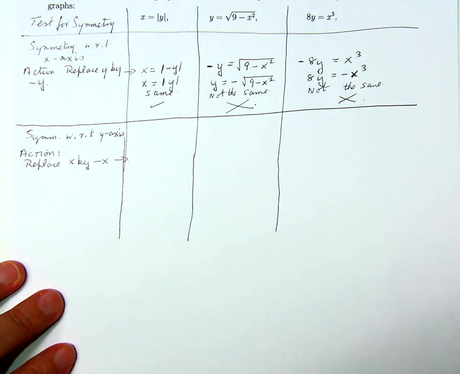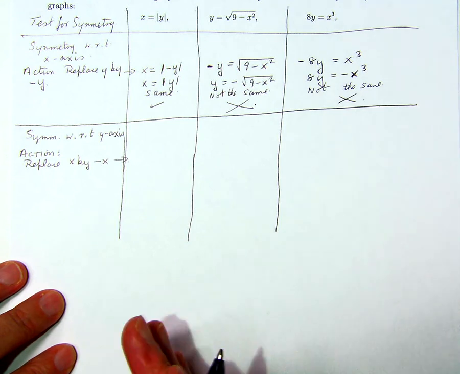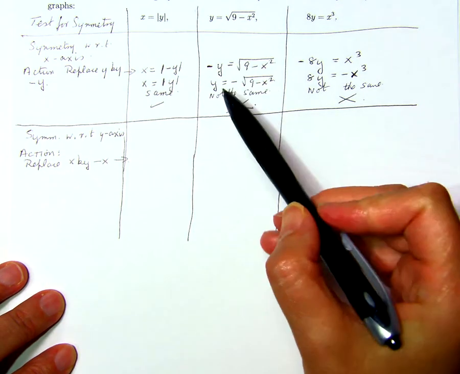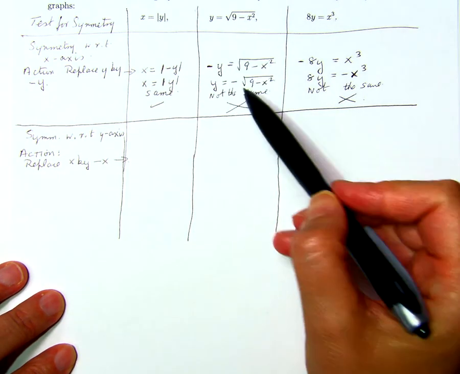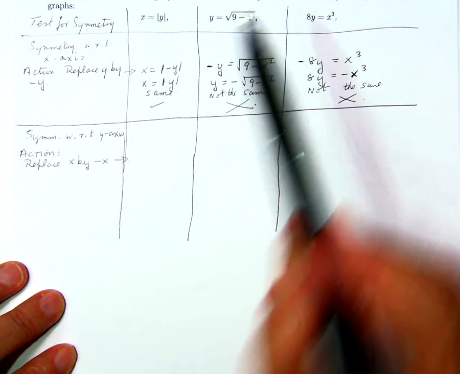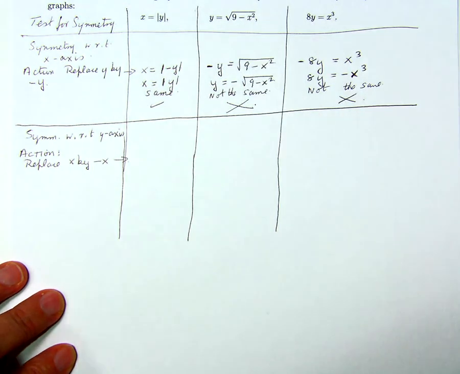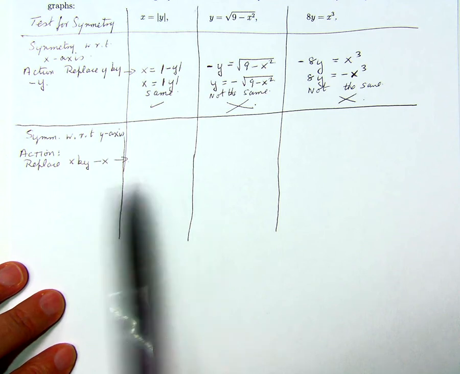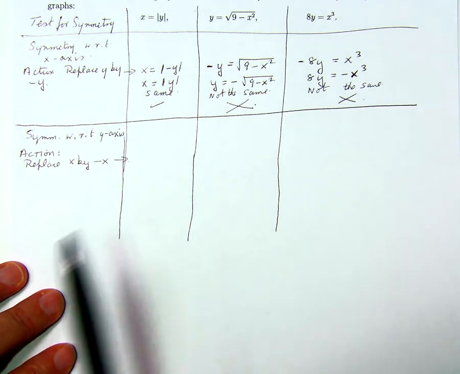If it's obvious that we have the same equation, then it must have this symmetry. Sometimes it's difficult to see whether you have the same equation or not. It's not always as easy as getting y equals the negative of the previous equation. And if you can't obviously see that it's the same equation, then you can't conclude symmetry.